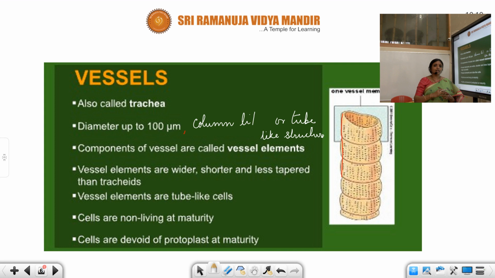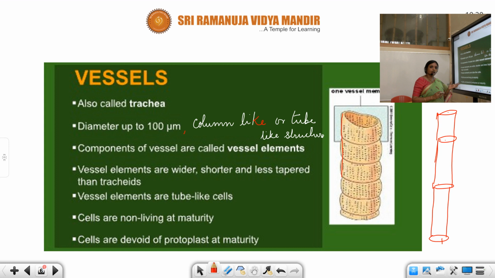Vessel elements are tube-like cells, non-living at maturity. Of course, like tracheids, vessels are non-living; protoplast is absent, nucleus is also absent. Cells are devoid of protoplast at maturity. Cells are arranged in series, end to end, as I explained in the diagram.